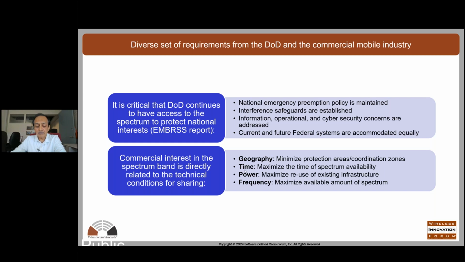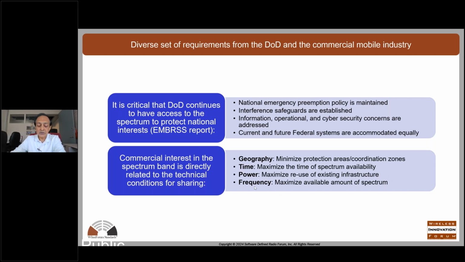Then think of time. Maximize the time of spectrum availability. So again, we would like to be able to use the spectrum over maximum geography and also most of the time. Power. At least from the commercial mobile network side, we want to have maximum power that is compatible with the macro network infrastructure, again, to minimize building a lot of cells just for coverage purposes.